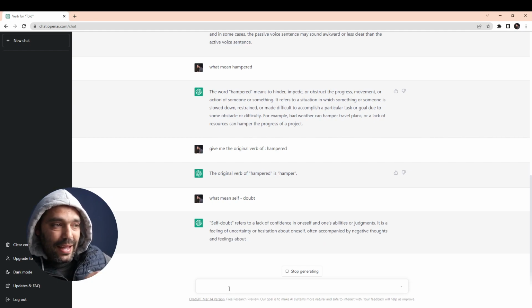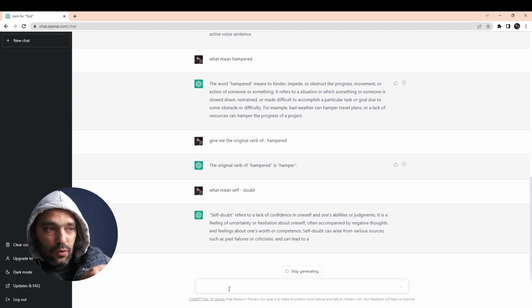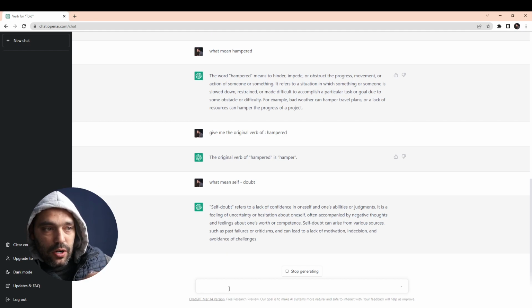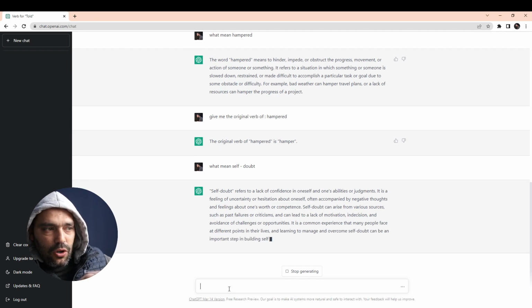Self-doubt refers to a lack of confidence in oneself and one's ability or judgment. It is a feeling of uncertainty or hesitation about oneself, often accompanied by negative thoughts and feelings about one's worth or competence.